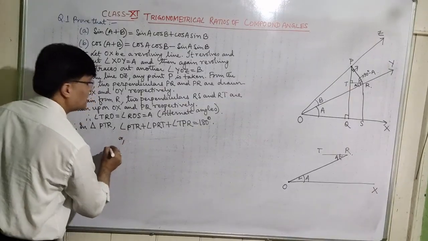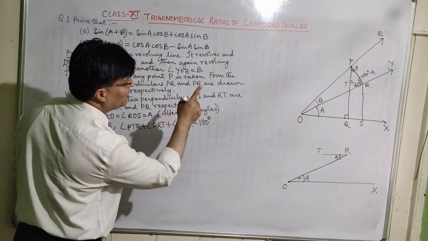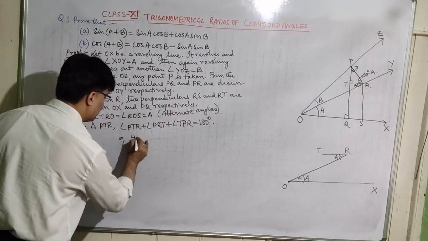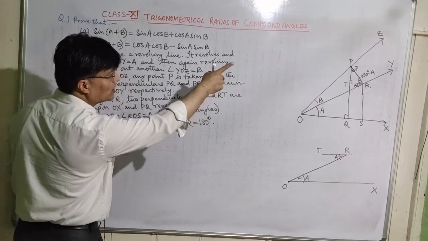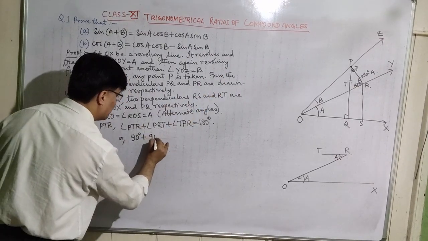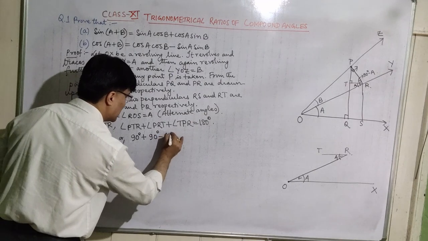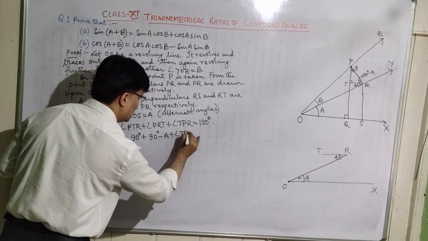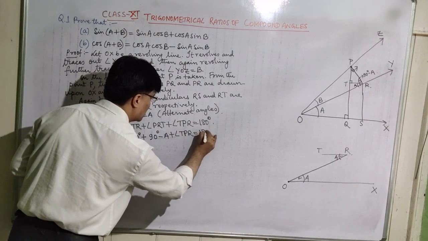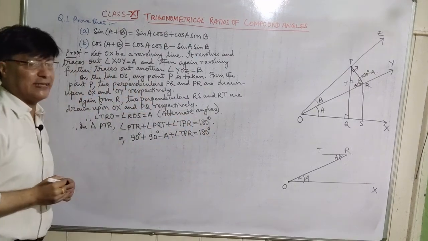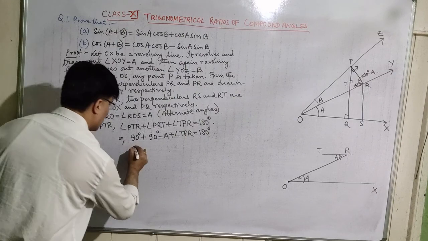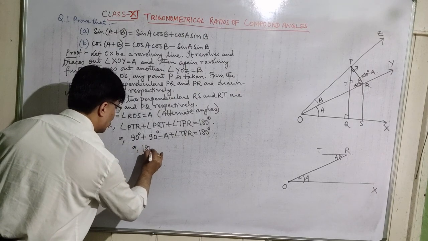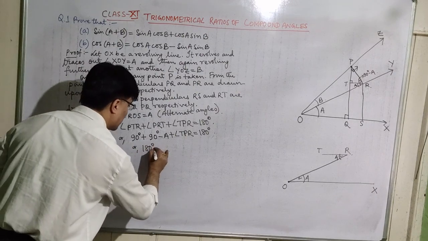So what is angle PTR? It is 90 degree. Plus, what is angle PRT? It is 90 minus A. Plus angle TPR is equal to 180 degree. So I think you have understood it. Okay. So what is 90 degree plus 90 degree? 180 degree.